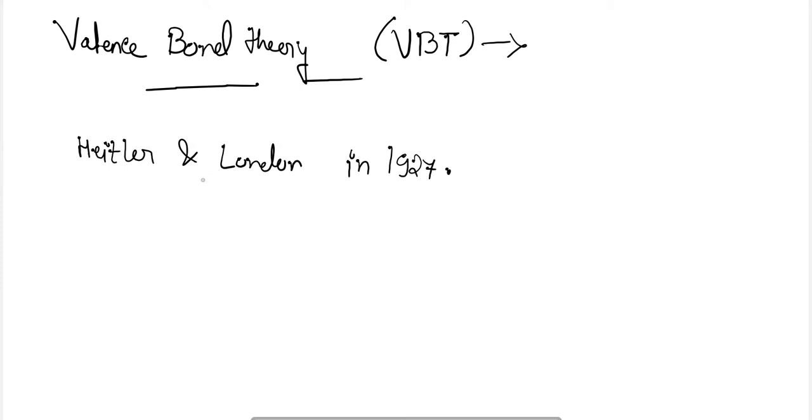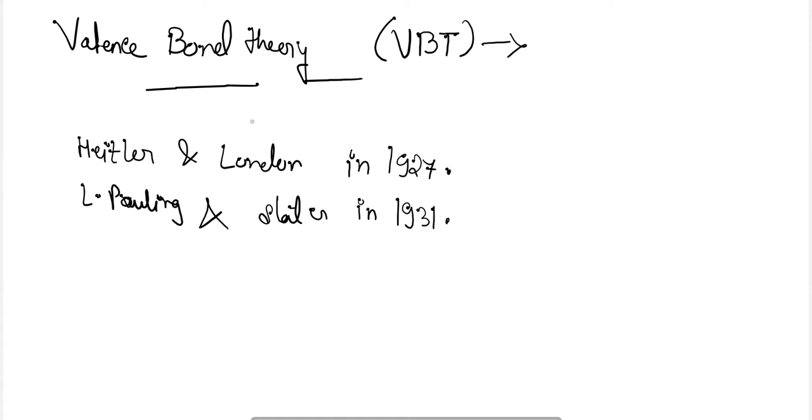But there were some unexplained points lying there, so further it was developed by Pauling and Slater, who proposed a developed theory in 1931.